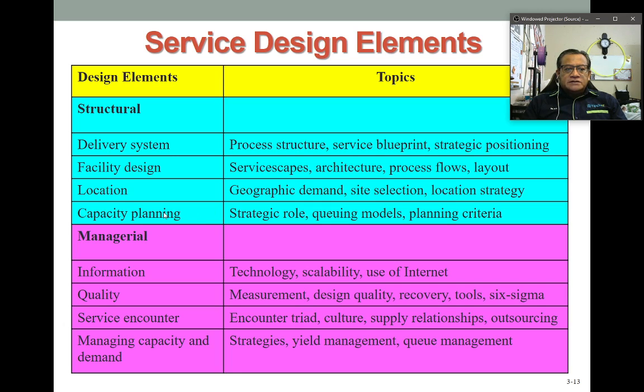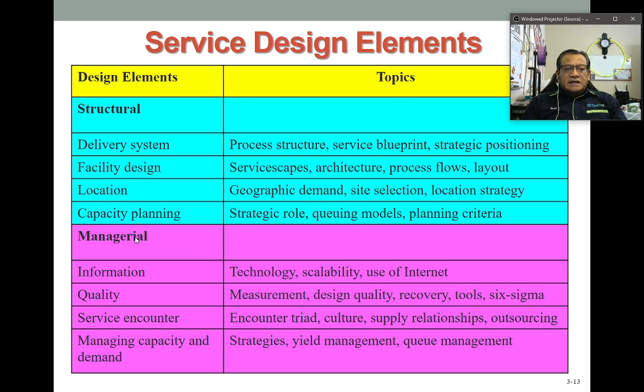Structurally, service innovation also relates to capacity planning, so how many queuing models we could refer to, its strategic location and the planning criteria. Service design elements for Amazon basically include very good capacity planning, facility design, and its delivery system.